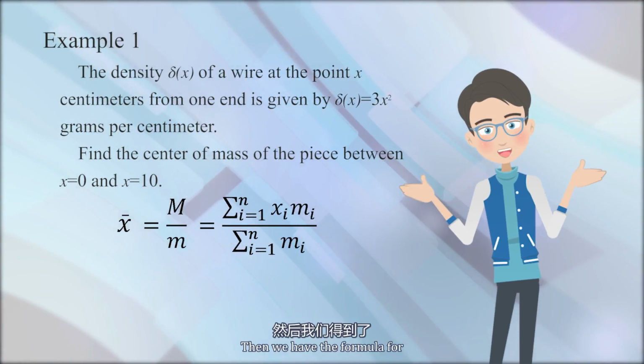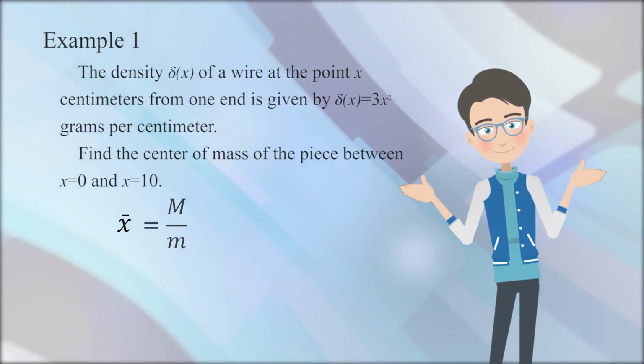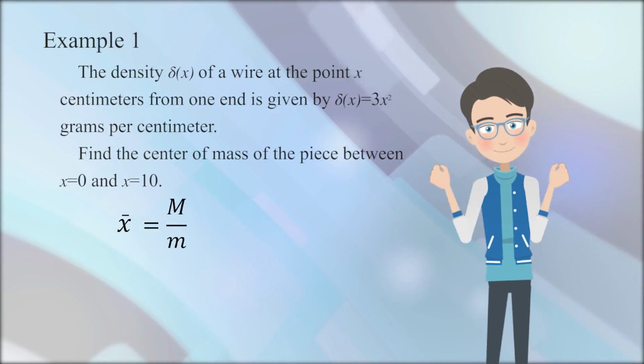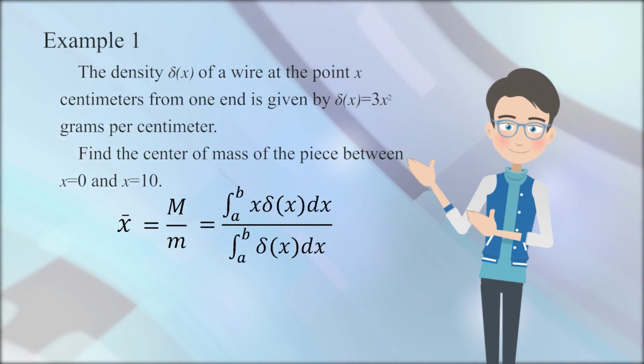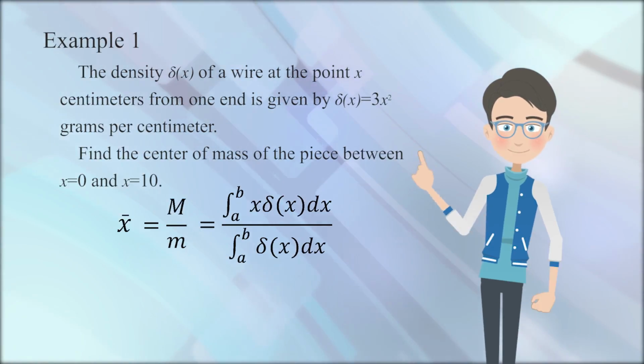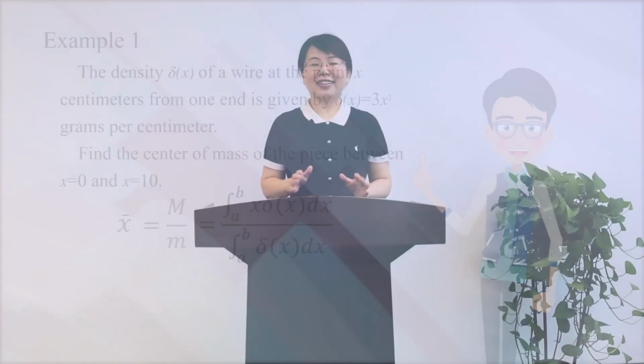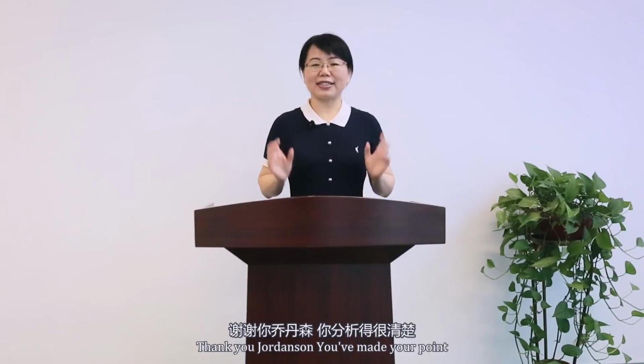Then we have the formula for continuous mass density: x bar equals the integral of x delta(x) over the integral of delta(x). By solving the integrals, we can find the answer. Thank you, Jonathan. Your analysis is so clear.